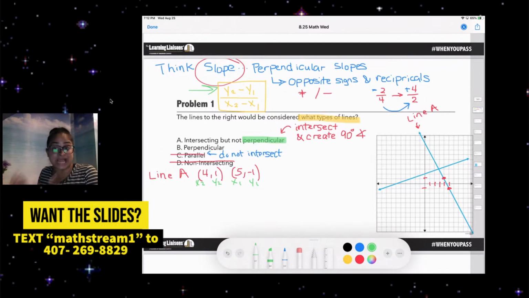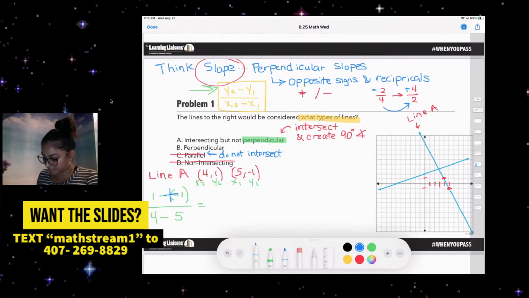Okay, we're going to get an actual slope. So let's figure out what the slope of line A is. I'm going to start with y2, 1 minus y1, which is negative 1. So you don't want to forget that negative. Then we'll have x2, which is 4, minus 5. All right, that double negative becomes a positive.